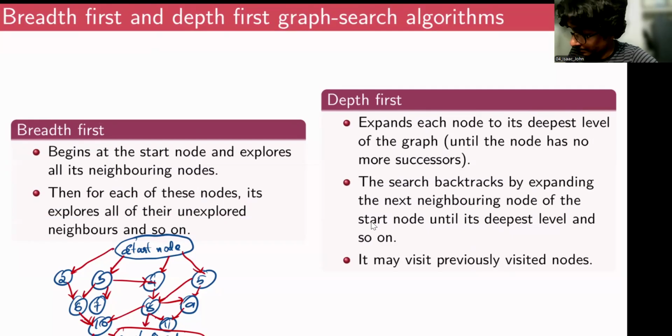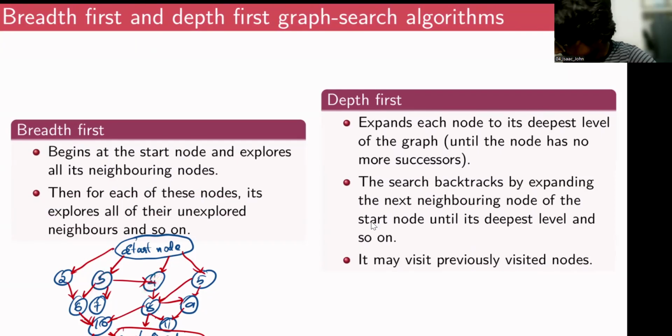So what the breadth first algorithm does is it begins at the start node and then explores all its neighboring nodes. What are the neighboring nodes? The neighboring nodes are those connected directly to the start node. So node 2 is connected to the start node, and node 5 is connected to the start node.